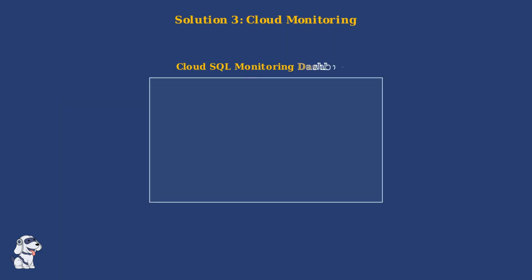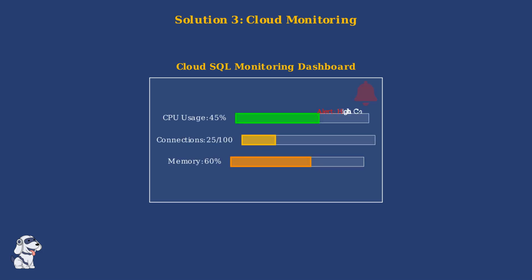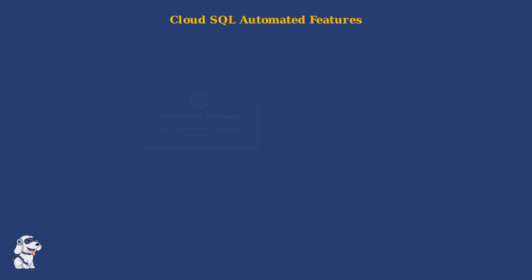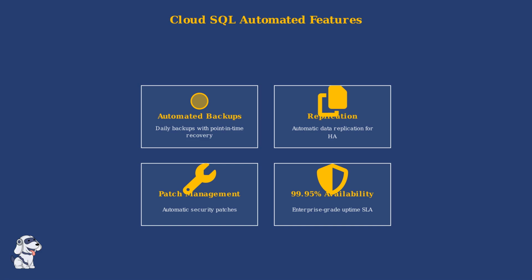Continuous monitoring is crucial for identifying bottlenecks before they impact users. Cloud Monitoring provides real-time insights into CPU usage, connection counts, memory utilization, and can trigger alerts when thresholds are exceeded. Cloud SQL provides numerous automated features that reduce operational overhead and ensure reliability.